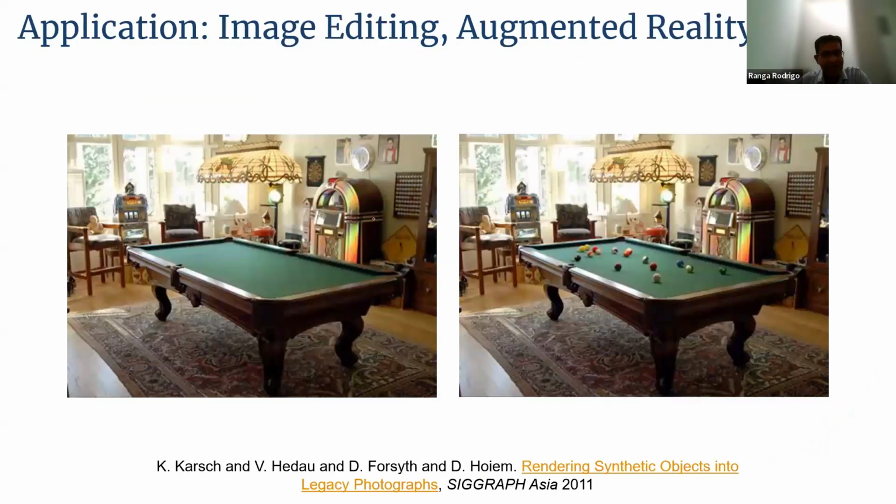There are many applications like that. If you go to this link, which I will show you later, by considering that this is a rectangle and so on, we are able to make a 3D reconstruction of this. And in this special video, they have been able to keep artificial billiards and so on.